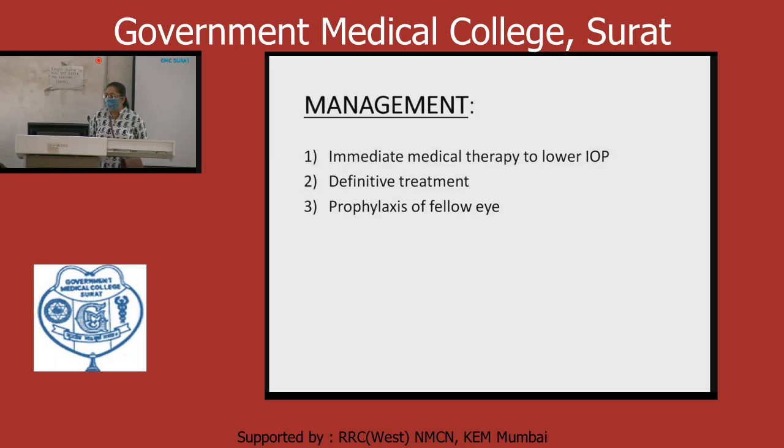Now, the next stage: if the patient has not had this prophylactic PBI, recurrent attacks of acute congestive glaucoma may end with the formation of what? Peripheral anterior synechia, more than 270 degrees of synechia.